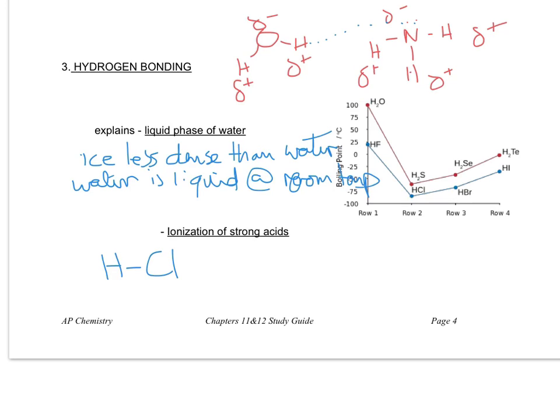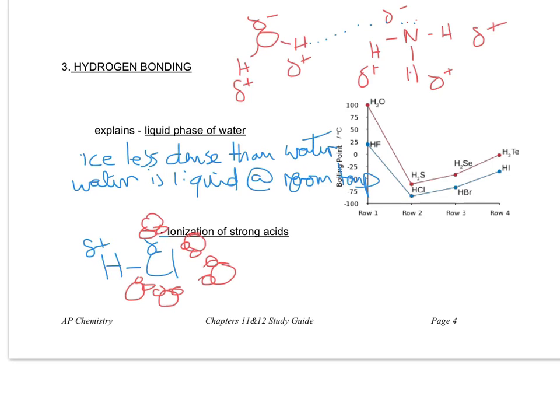However, because of hydrogen bonding in water, since this has partial positive and partial negative, the water is able to come in and attract the chlorine enough that it actually pulls it away as Cl minus, just like it does with the ionic substances.